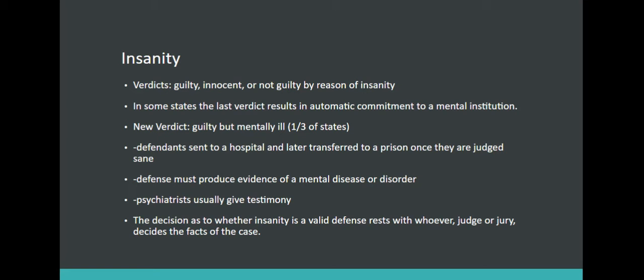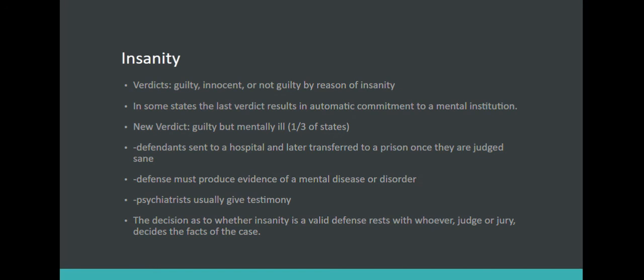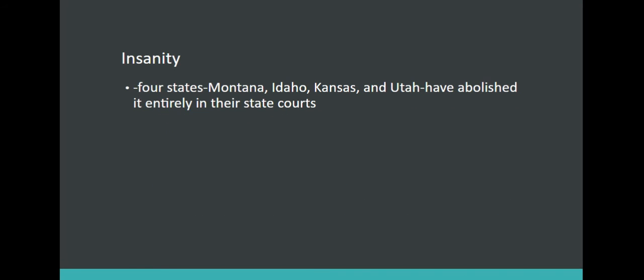And his lawyer successfully argued the insanity defense, and Daniel Sickles went off scot-free. In fact, he later goes on to serve as a general for the Union Army during the American Civil War. And he actually lives up until the early 1900s. So that was the first instance of the insanity defense being used in the United States. Now, four states, Montana, Idaho, Kansas, and Utah, have abolished it entirely in their state courts.